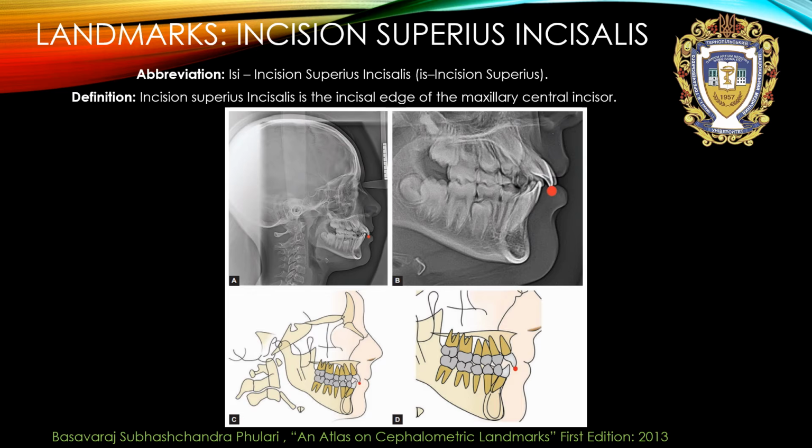Incision superius incisalis is the incisal edge of the maxillary central incisor. But on this scheme, this point is marked not correctly, because we must use the most protruding incisor. We need to put this point here.